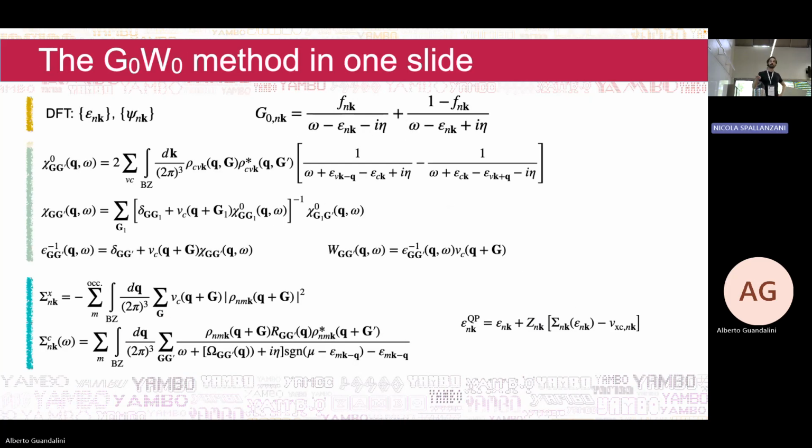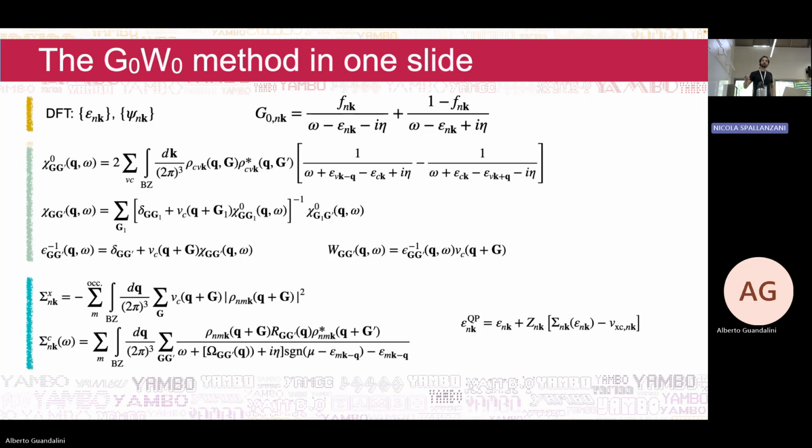Okay, so this is the summary. The G0W0 in one slide. It seems there are a lot of equations, but this is just to recap. We start from a DFT calculation in Quantum ESPRESSO, where we have the band structure, that is our starting point, and the Kohn-Sham DFT orbitals that we use to construct our Hilbert space. Then the G0 is diagonal in the basis of Kohn-Sham states.